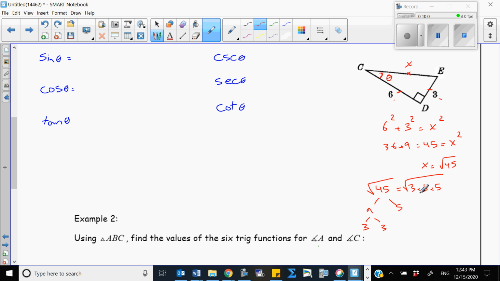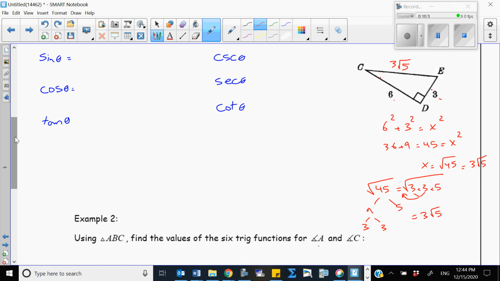Since I have a pair here, I can move them to the front of the radical as just one single 3. So this will be 3 radical 5. So the simplified form of this radical is 3 radical 5. So we found this side. This is 3 radical 5.